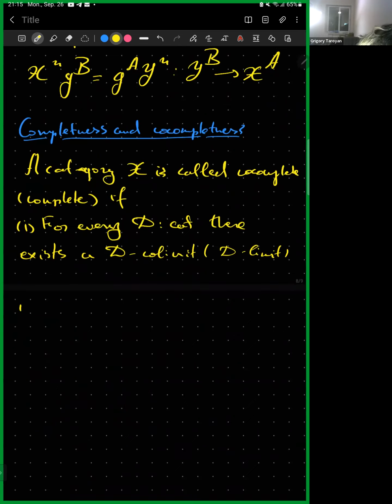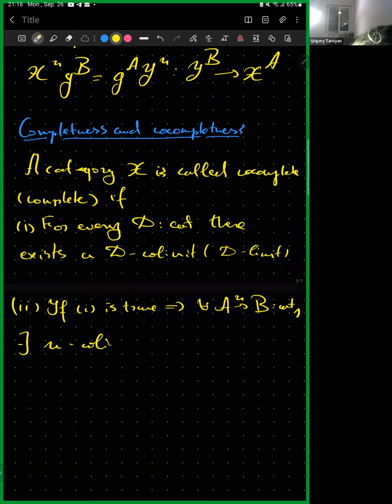And if this is the case, then one can deduce, I'll show how in just a moment, that for any functor between small categories there exists a U colimit or U limit.